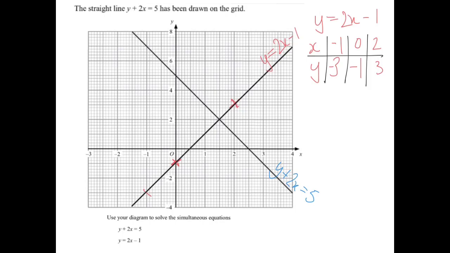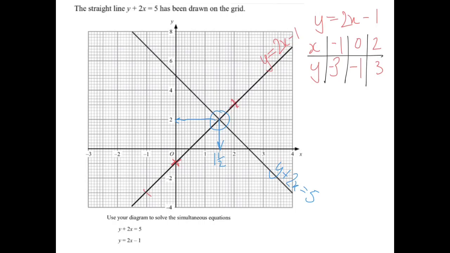But now that they're drawn, solving them simultaneously is straightforward. We find where they cross. That's the intersection there. And if I go down, I see that x is 1.5 and the y value is 2.